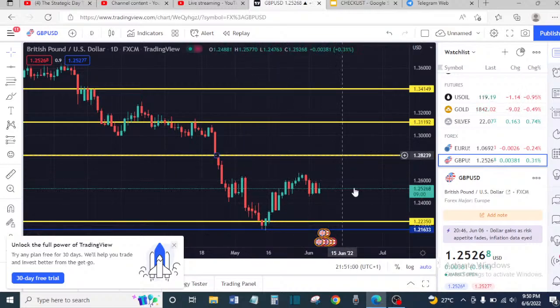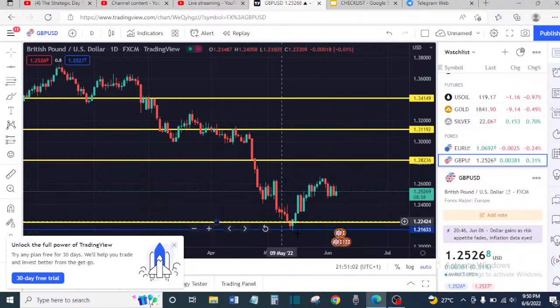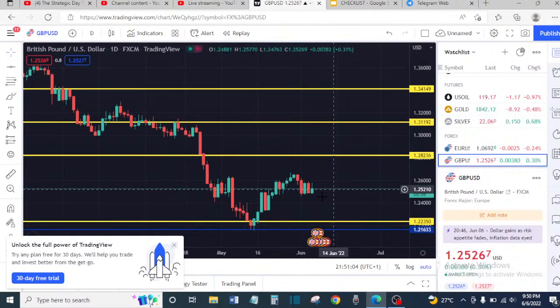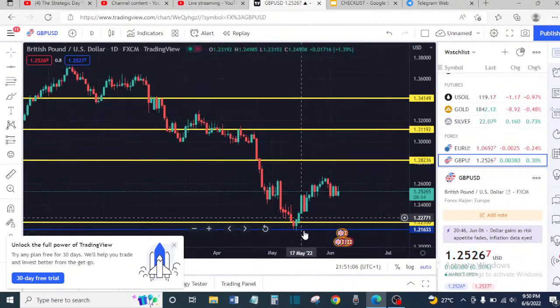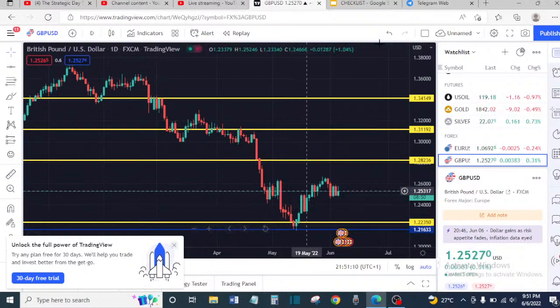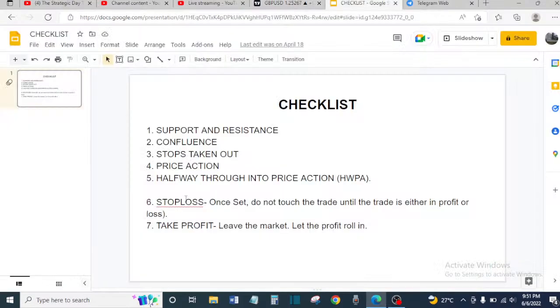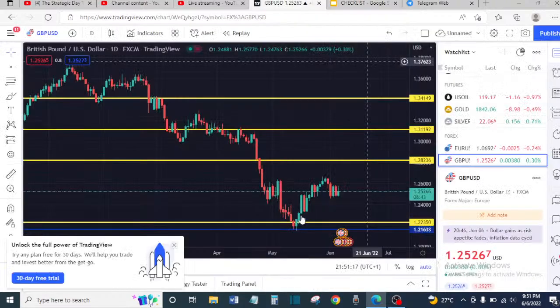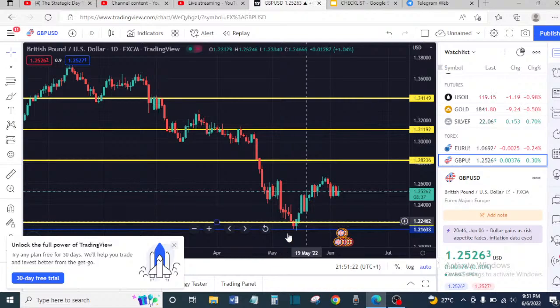Here we have somewhat like a pin bar or a hammer, a standing pin bar or hammer there. And the last part is halfway through into the price action. Now this candle actually moved halfway.